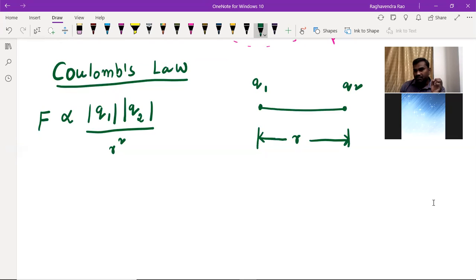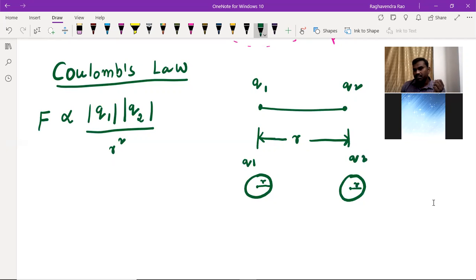If these two are point charges, we can take directly this as the distance between the charges. And what is a point charge? Yesterday we already discussed. Now if charges are lying on spheres of radius r, this is our charge Q1 lying on this sphere, and this is another sphere of radius r.